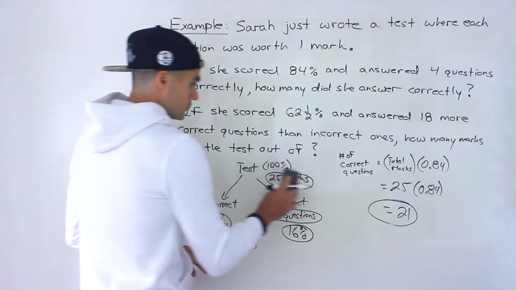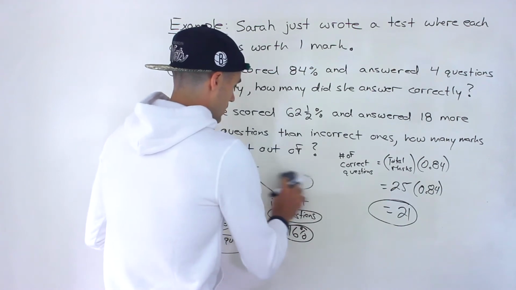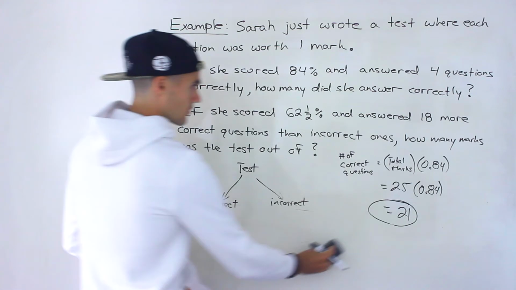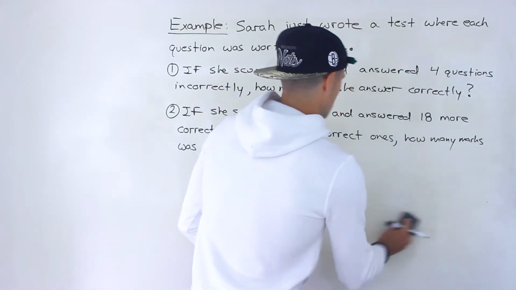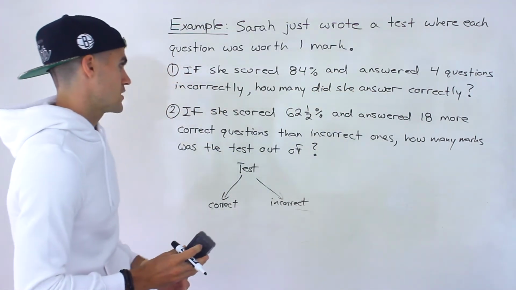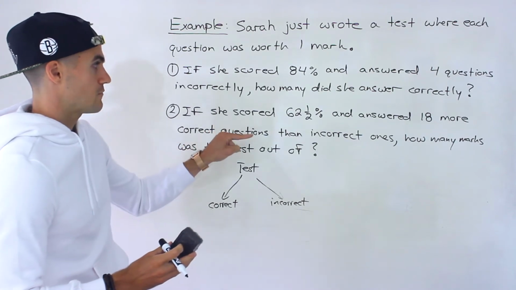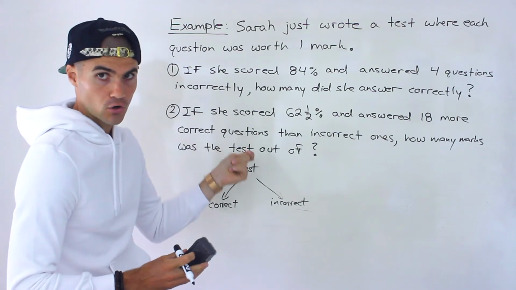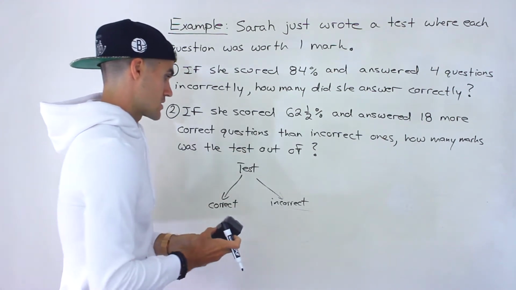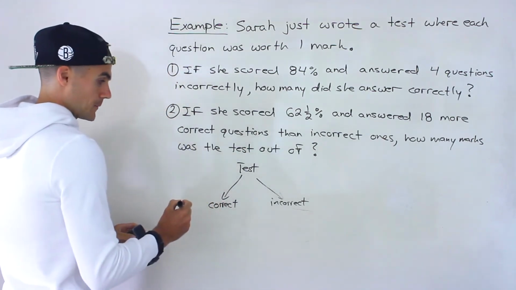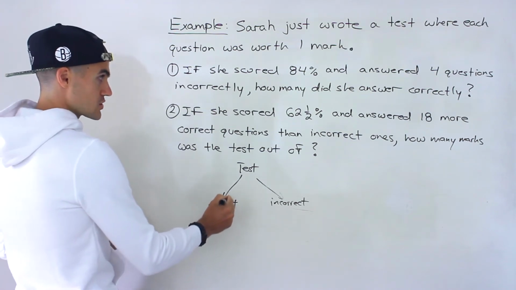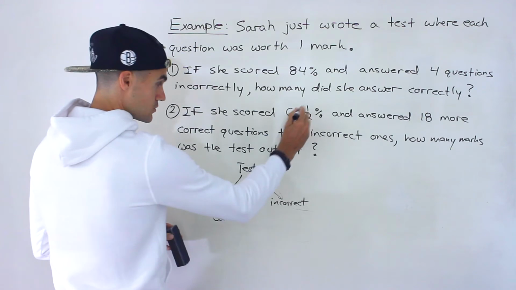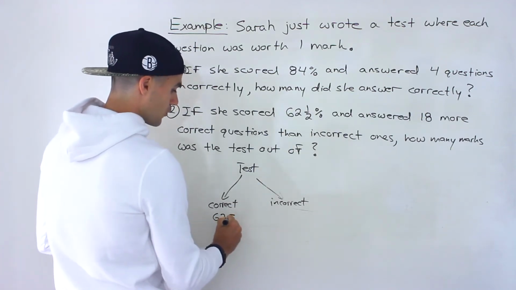Now, number 2, it's going to be more tricky. I'm going to leave this same diagram because we're given a little bit less information. We're told that she scored 62.5% and answered 18 more correct questions than incorrect ones. So what we can do here, we know that she answered 62 1/2, I'm going to change to a decimal, 62.5%.